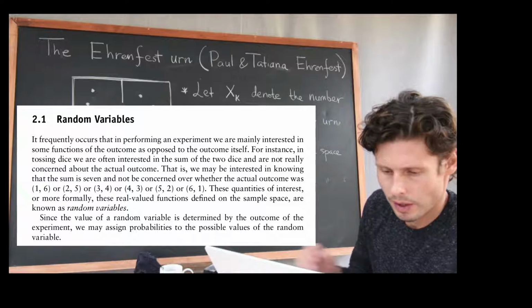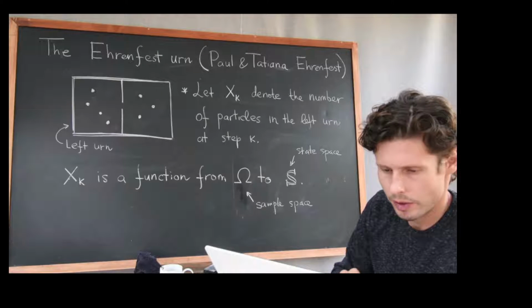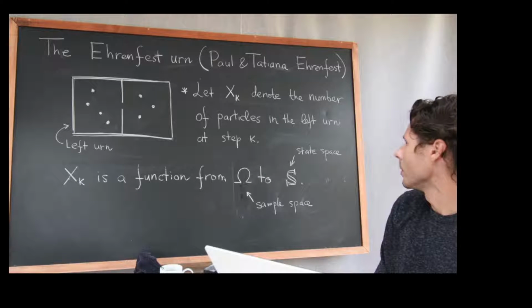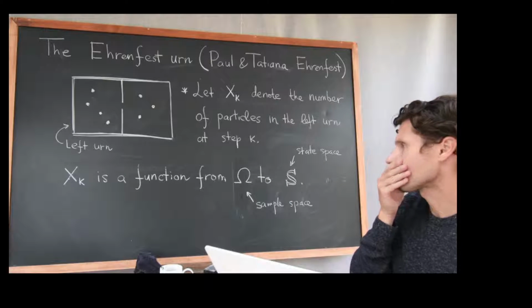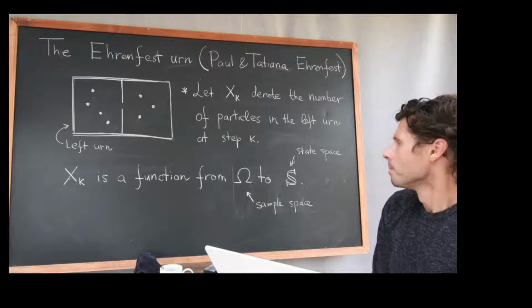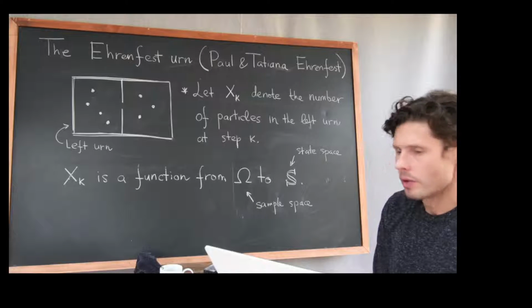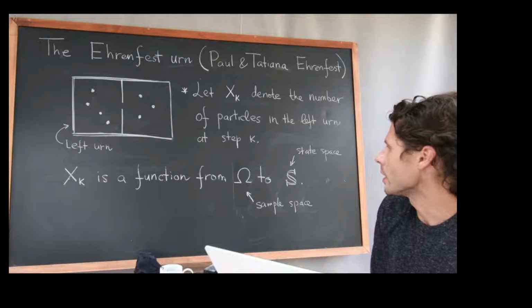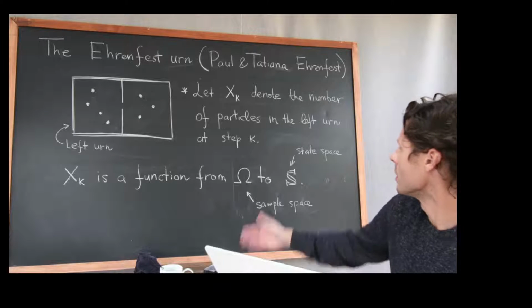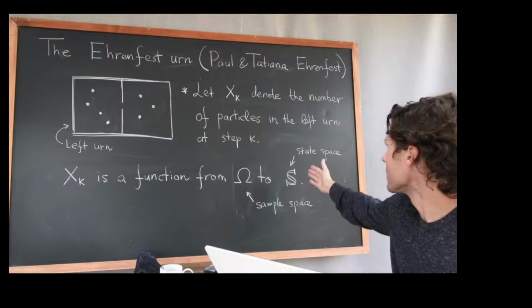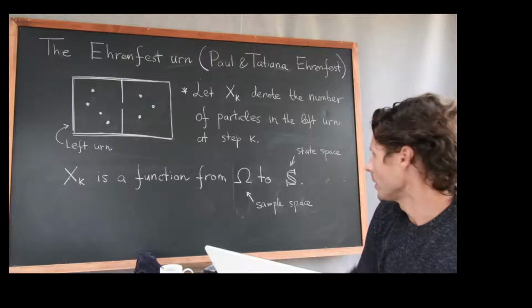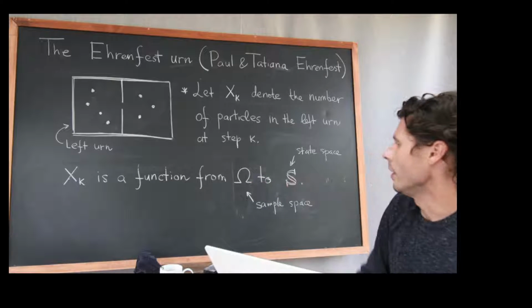So that's something I'd like you to think about, and I'm going to try to illustrate it in this model here. So essentially, our goal is to try to conclude that xk is a random variable, and it seems like that should be a pretty simple task. We just need to find the sample space, and we need to find the state space, and we need to establish that xk is a function that takes values from here to here.